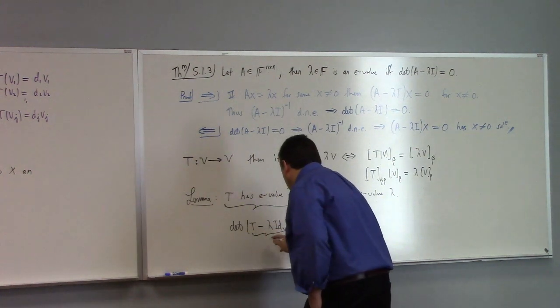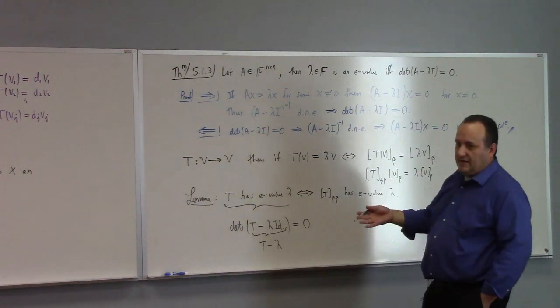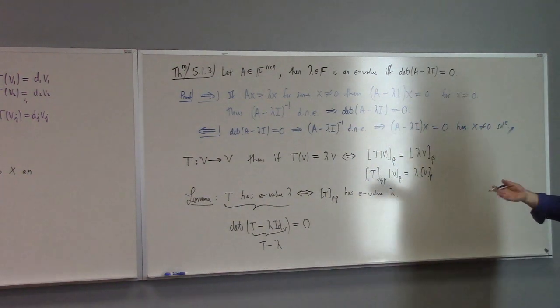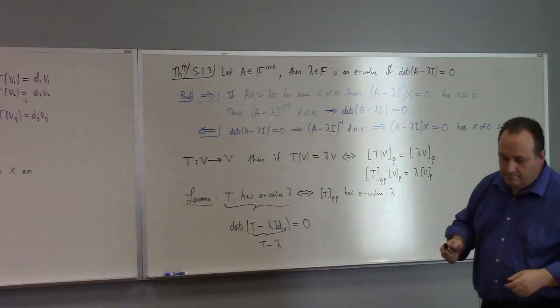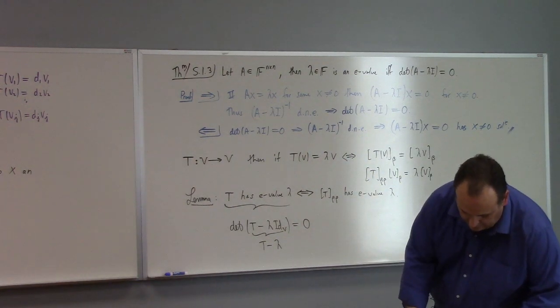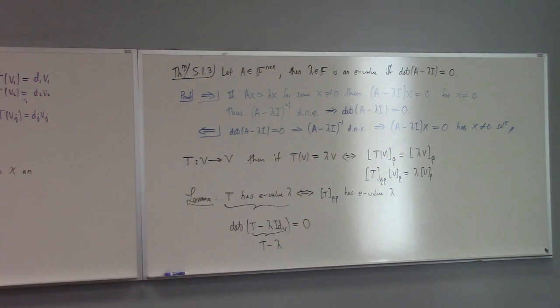And I may just choose to rewrite this as just T minus lambda for the sake of brevity. Understand that minus lambda in that context is understood to be the multiplication by lambda map. All right. Oh, actually, I do have this stated as a corollary. That was corollary 5.1.4.